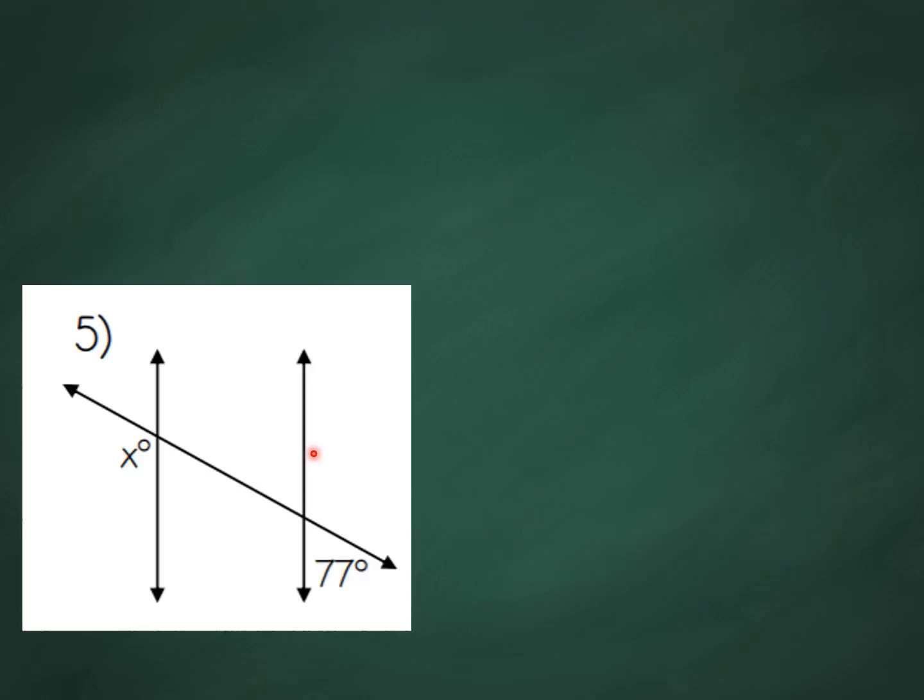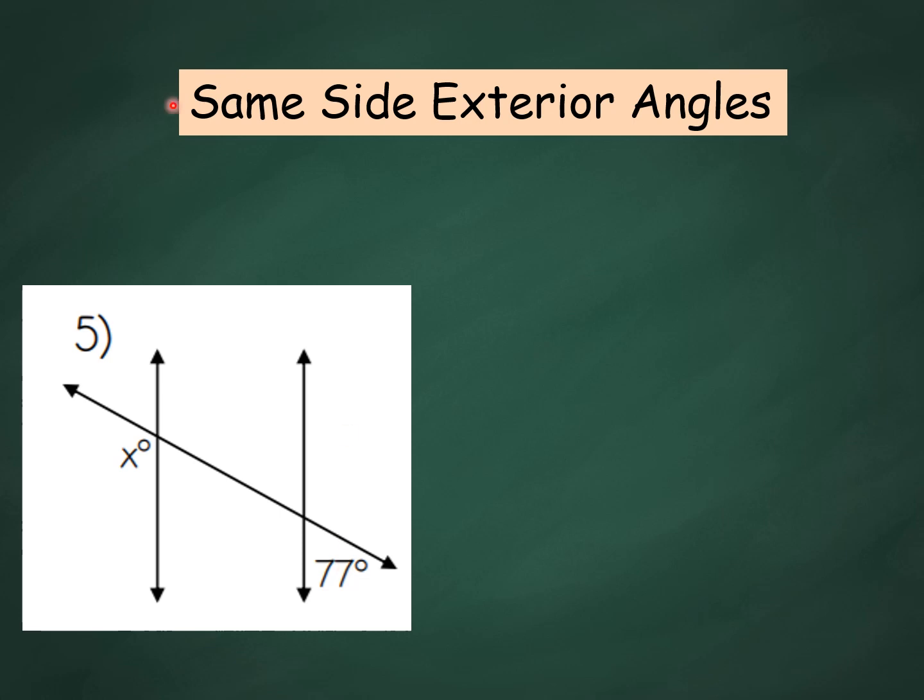For the fifth example, we have here x degrees and 77 degrees. The angle pair na belong po sila, they are on the same side ng transversal, tama po? Nasa same side sila ng transversal and they are both exterior angles. So sila ay same side exterior angles.